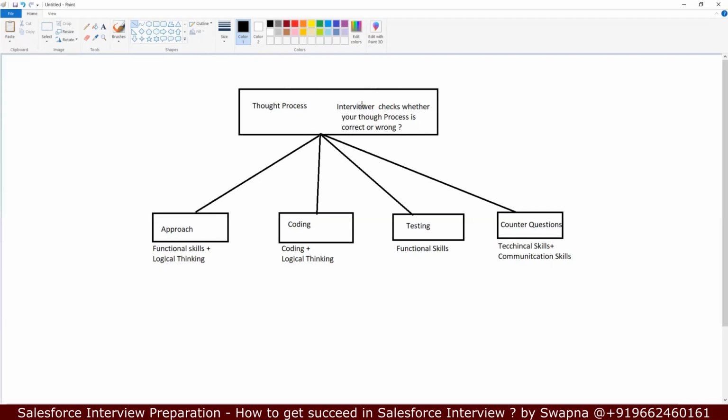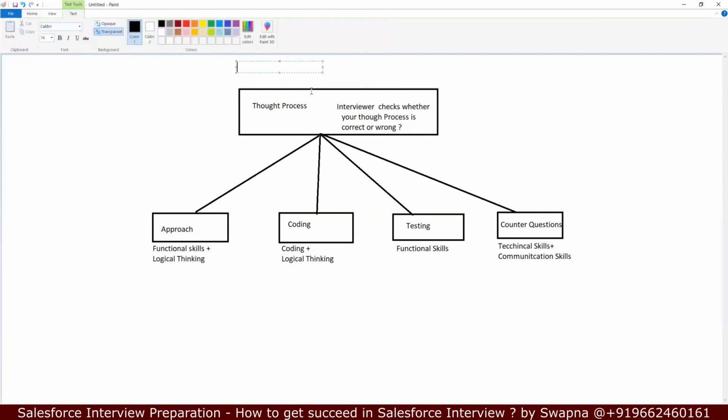As soon as I see any requirement, it could be a business requirement, a task, or a question, my thought process begins. And it goes based on skills, knowledge level, and logical thinking. To work in Salesforce, functional knowledge is most important along with technical and communication skills.